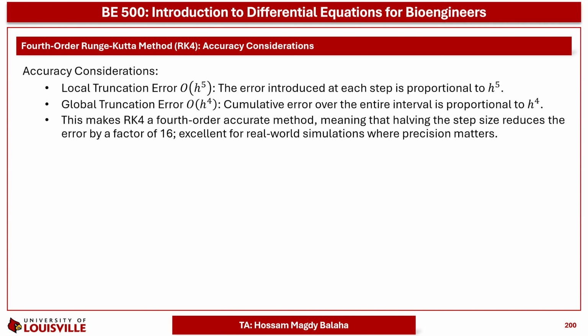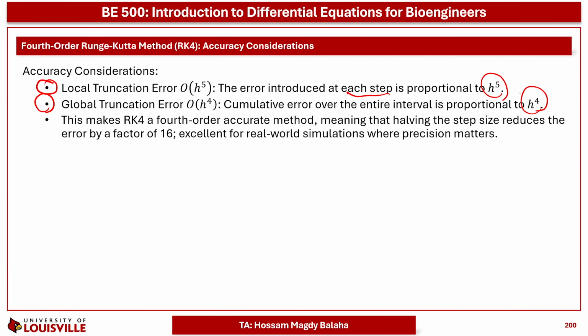Regarding the accuracy, the local truncation error for the RK4 method at each step is proportional to h to the power of 5. And for the global truncation error, the cumulative error over the entire interval is proportional to h to the power of 4.